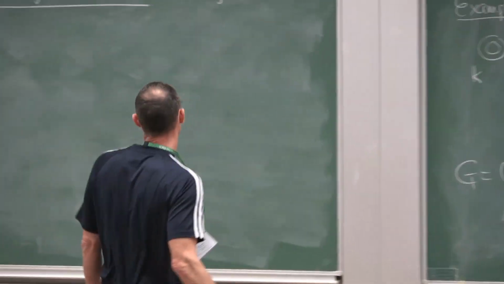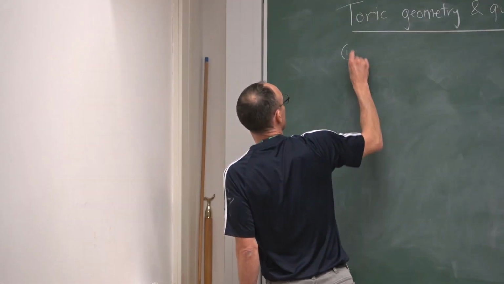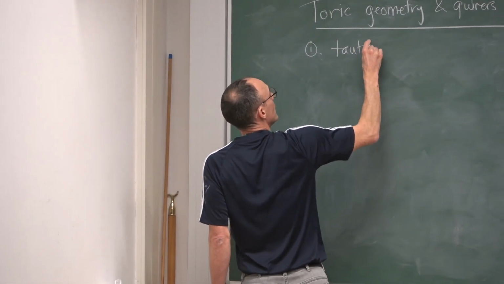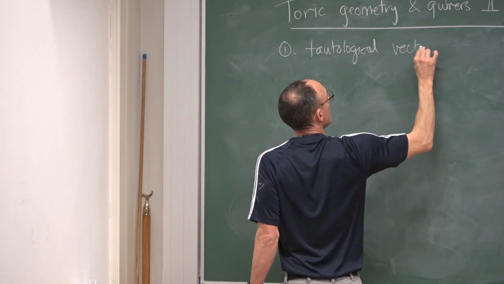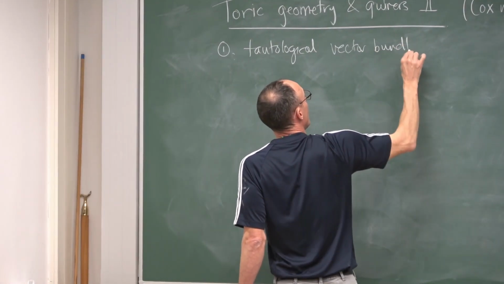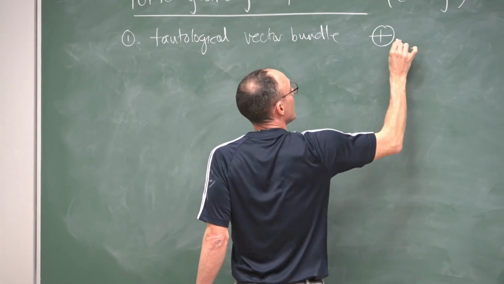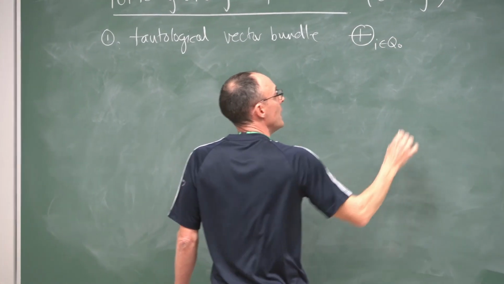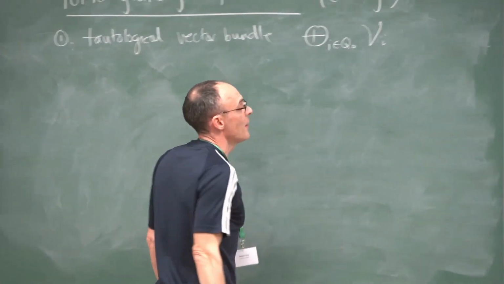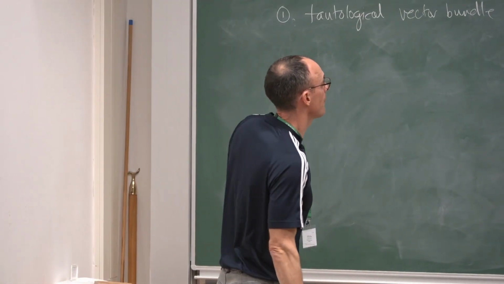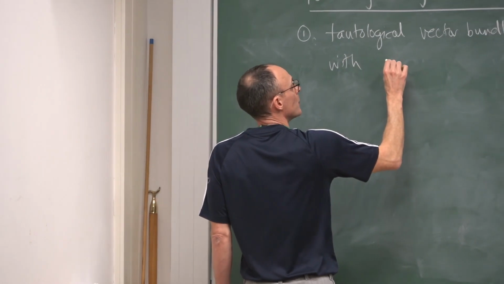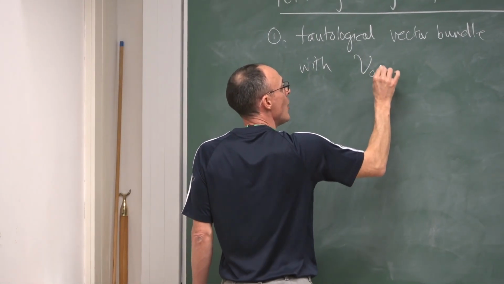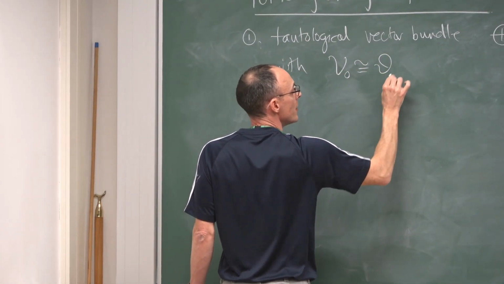So it comes equipped with a tautological vector bundle, a locally free sheaf, so a vector bundle. For every vertex, I have a vector bundle V_i, with V_0 which I'm going to assume is the trivial bundle.